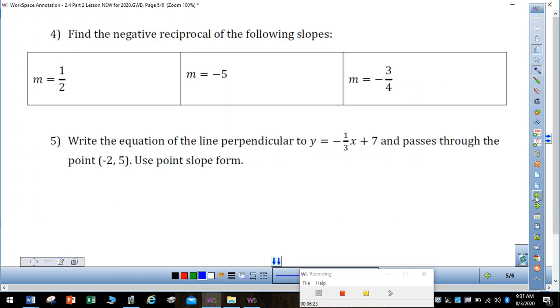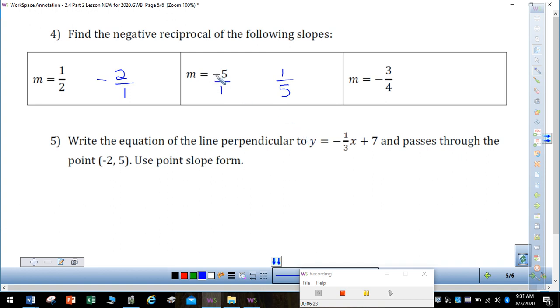To find the negative reciprocal of the following slopes, we're going to first just take the reciprocal and then put a negative sign in front. So 1/2 and -2 are negative reciprocals. Now let's look at the next one. -5 is the same as -5 over 1. If we do the reciprocal, flip the fraction, it turns into 1/5.